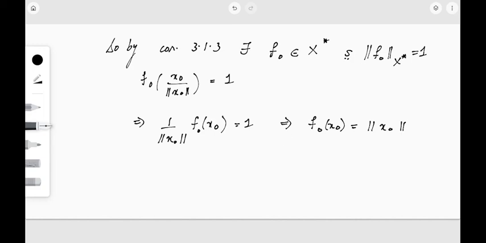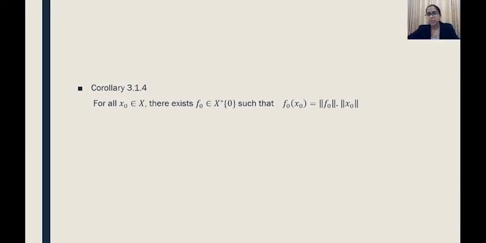Now by the corollary we know that norm of f dot is 1, so there will be no problem if we multiply by 1, right? So this is nothing but norm of f dot into norm of x dot. So the proof is simple. This is the proof of corollary 3.1.4. Using the element given to us, we formed an element of the unit sphere and we have simply used the corollary that we have done before.